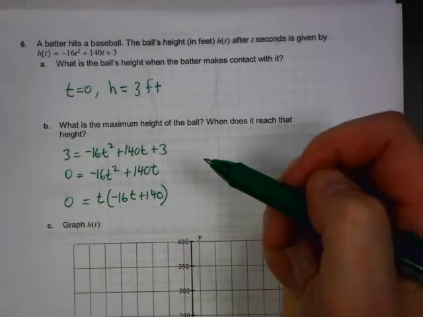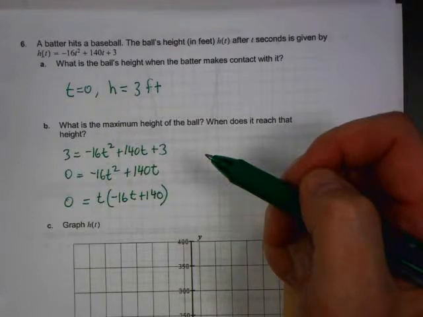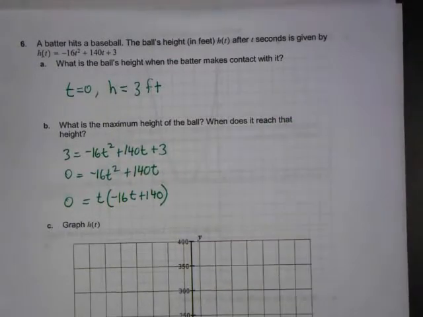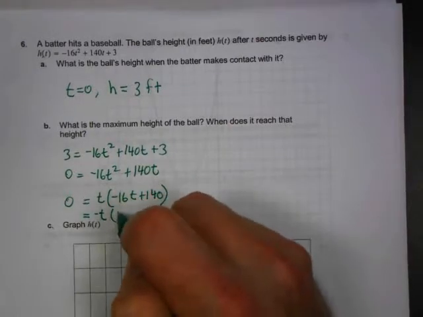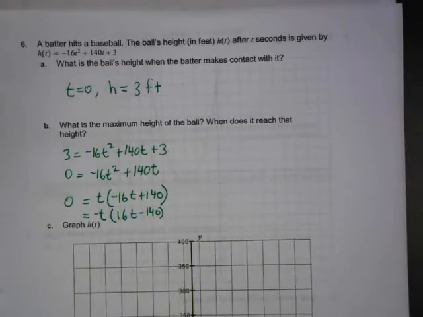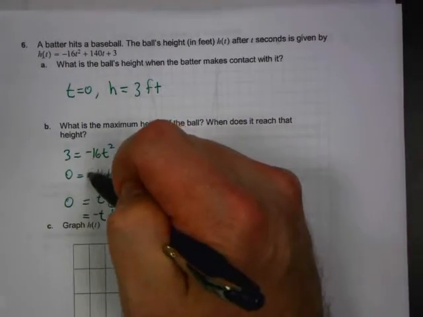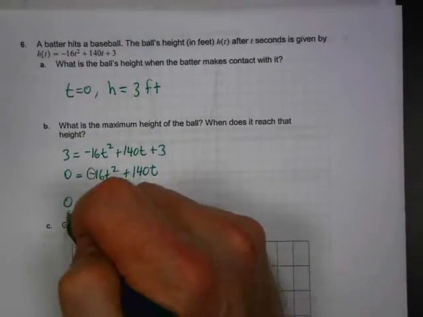I just realized that, because it's negative 16t squared. So I said negative t, and then in parentheses 16t minus 140. Okay, so another correct answer would be negative t times 16t minus 140. And that's what we normally do. Normally when we have a negative here, we factor out a negative. So either of those would be correct.